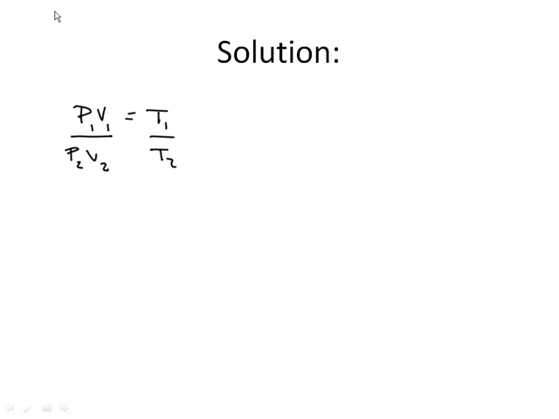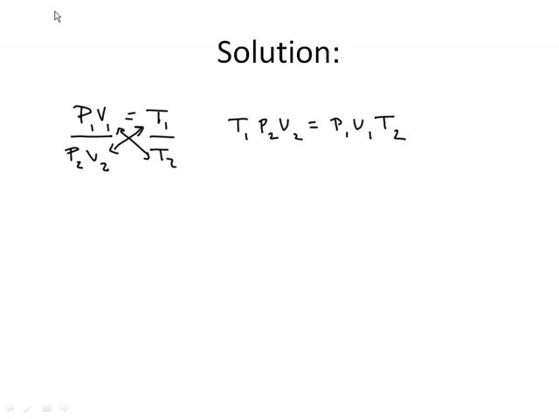I need to solve for V2. And you can do this using whatever algebra plan you have. If you're not familiar, you might try cross-multiplying both sides, because we need to get that V2 out of the denominator. So once I cross-multiply, I have T2 P1 V1 equals T1 P2 V2.